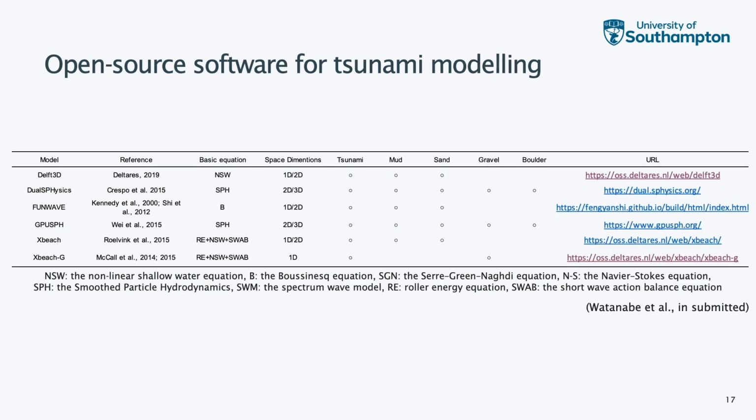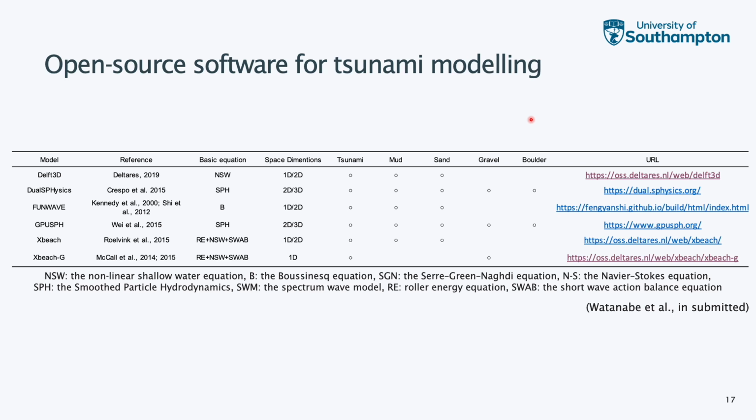In this presentation, I explained about numerical modelings of coastal process induced by a tsunami. These modelings can be conducted using the following open source software. If you go to these URLs, you can download these open source codes for free, and at the same time, you also can download user manuals for free.